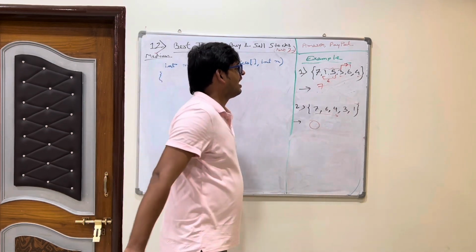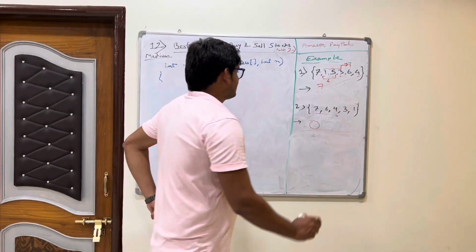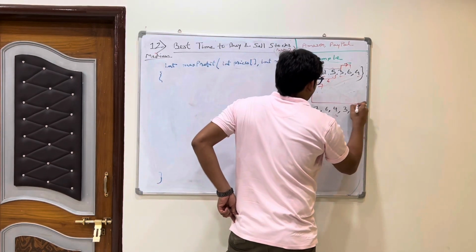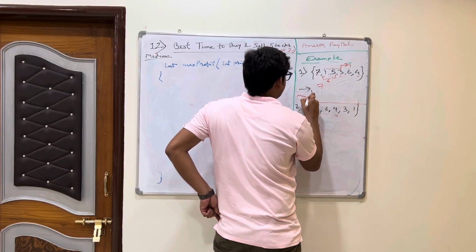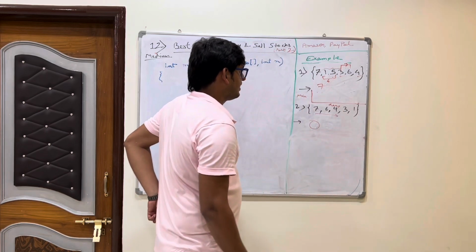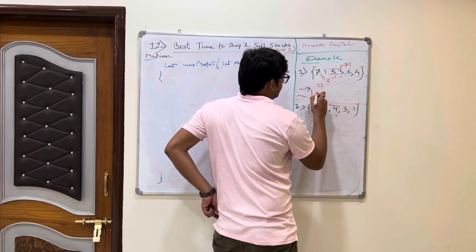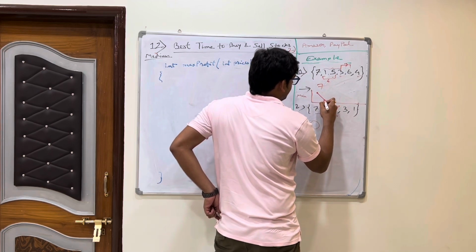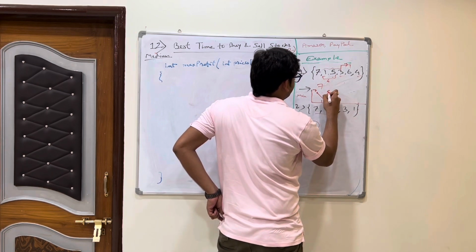In this case, how do we solve this? Let's draw a graph, and let the y-axis be the price and the x-axis be the day. Suppose at day 1 the price is 7, and then the price went to 1 at day 2. At day 3 the price went to 5.